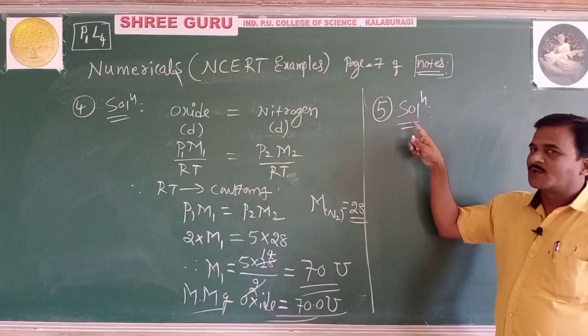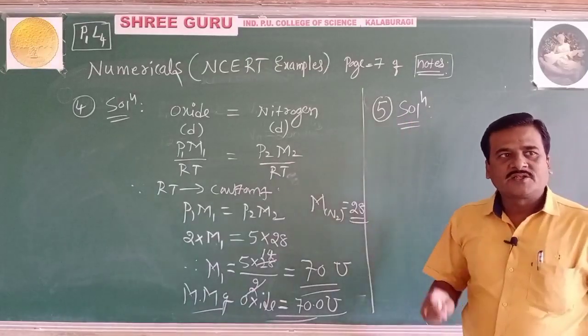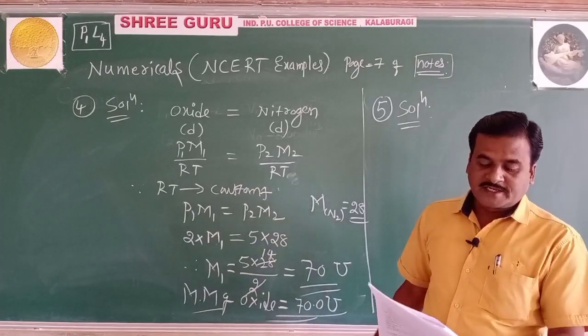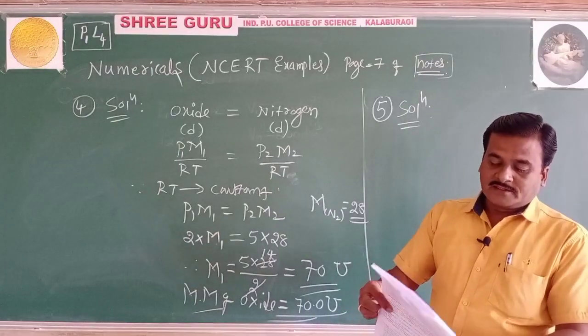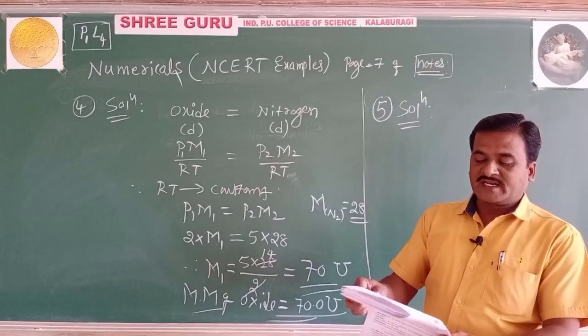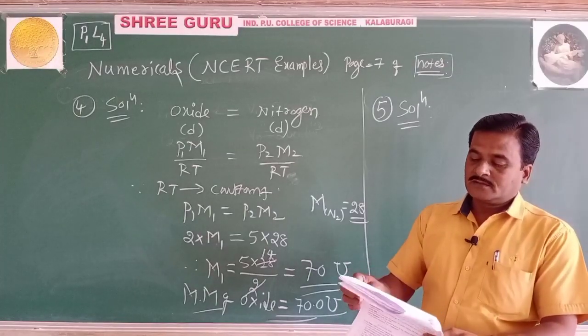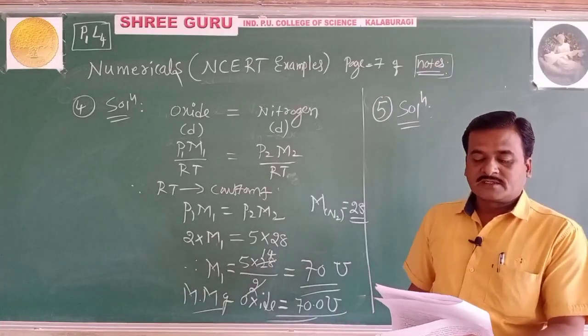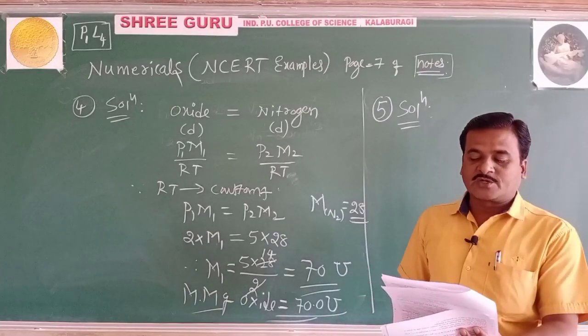Now take the fifth one. Look at the solution of the fifth problem of NCERT, page number 7. A pressure of 1 gram of an ideal gas A at 27 degrees is found to be 2 bar.